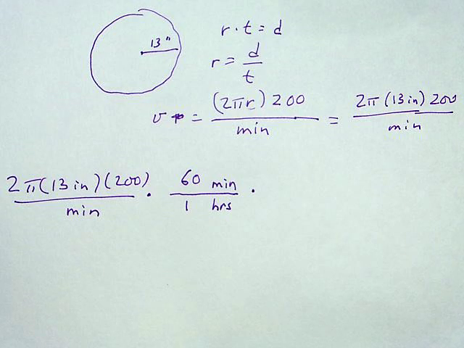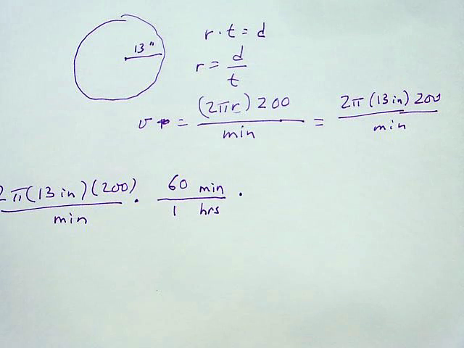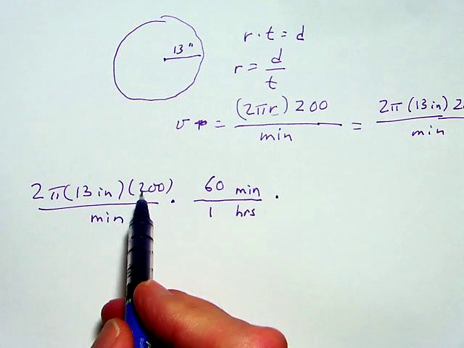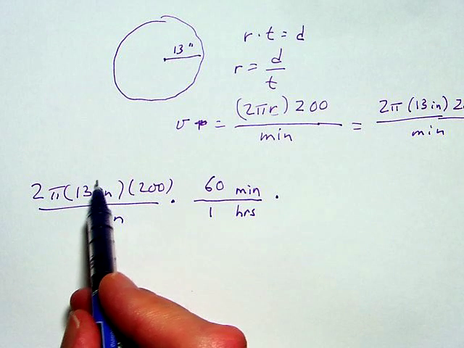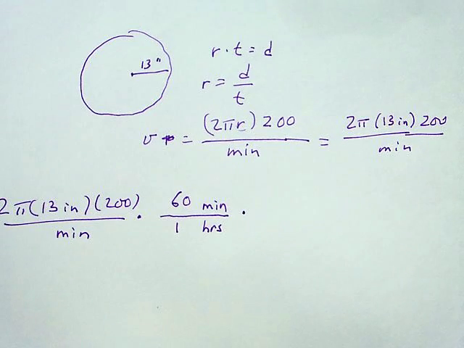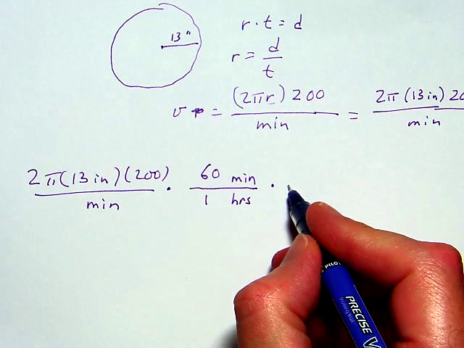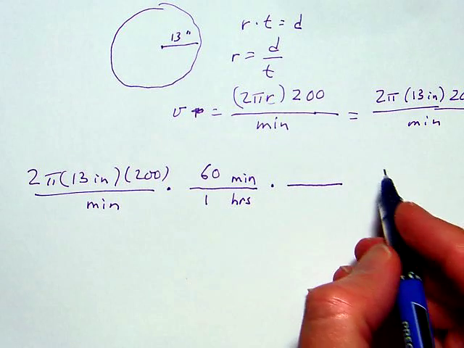Okay, that takes care of our minutes to hours, but we've got to somehow end up with miles in the numerator instead of inches. So we're going to have to remember some more identities that will help us cancel inches into miles.